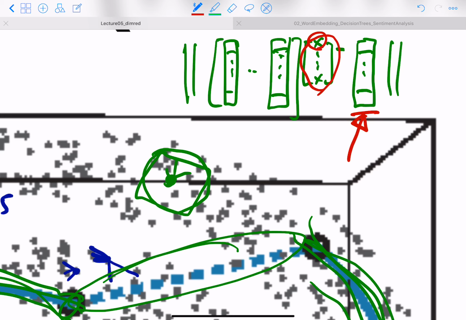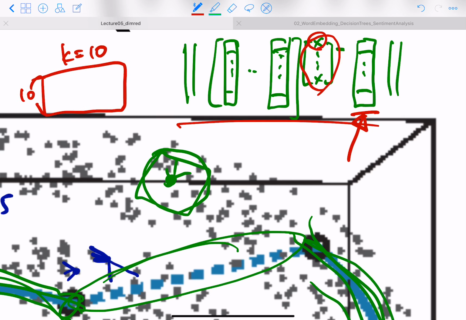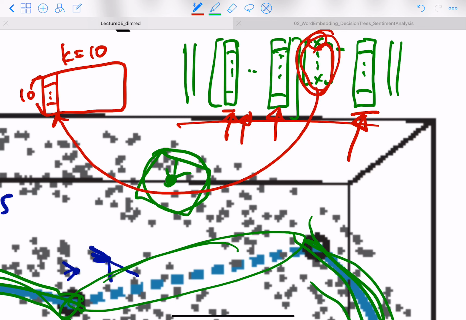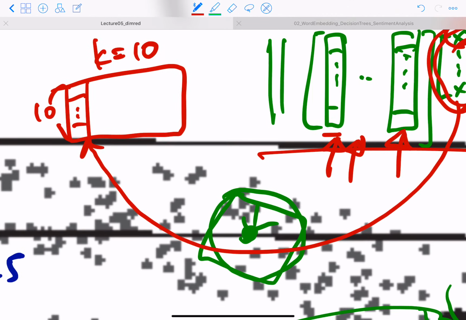For each data item, we perform this least squares problem, and with k as 10, we get a 10-dimensional linear combination coefficient vector. So this is the first data item's 10-dimensional representation with respect to its first nearest neighbor, second nearest neighbor, up to the 10th nearest neighbor. That is the best approximation and their linear combination coefficients.